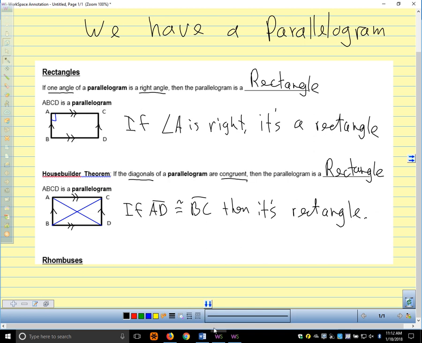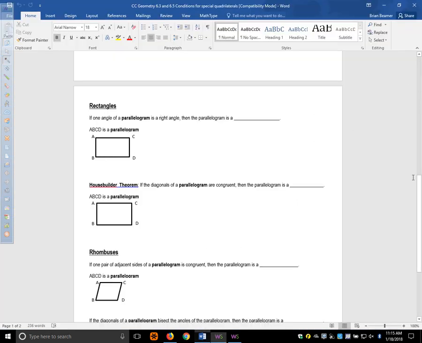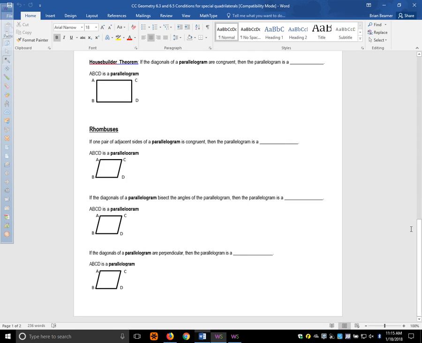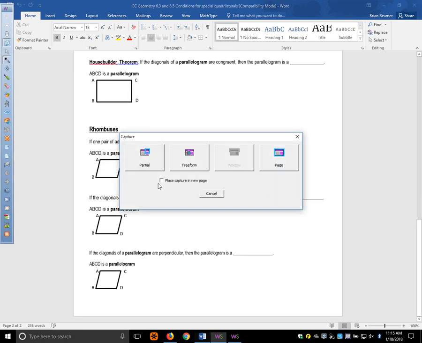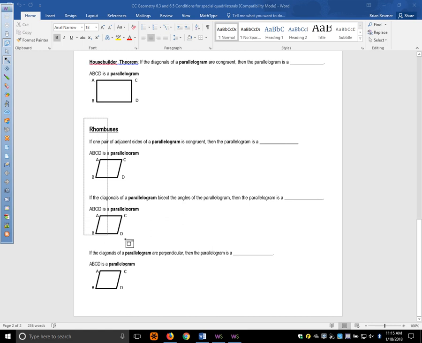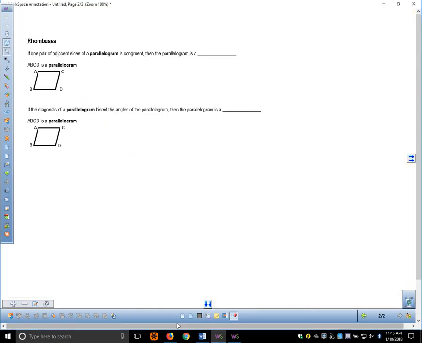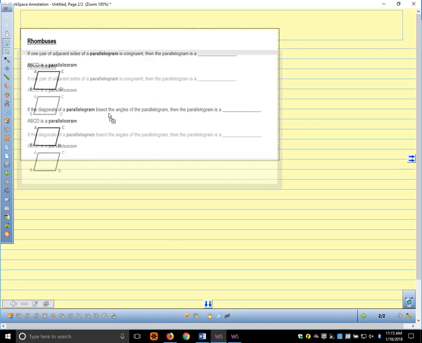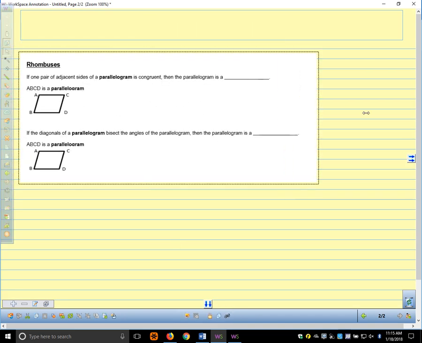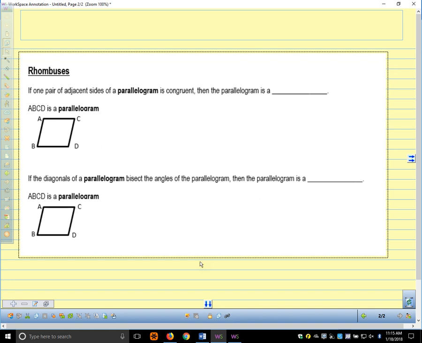Okay, the next ones have to do with rhombuses. So we're still starting with parallelograms.